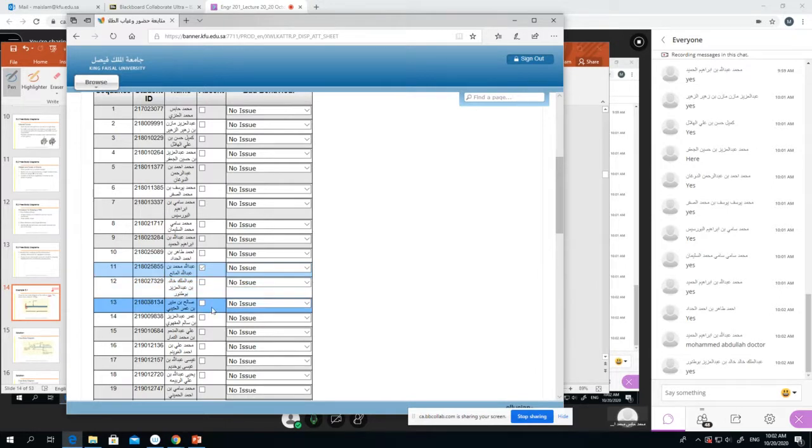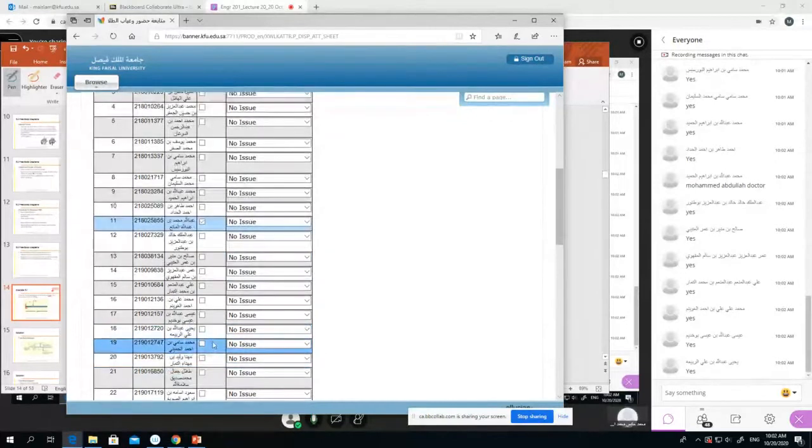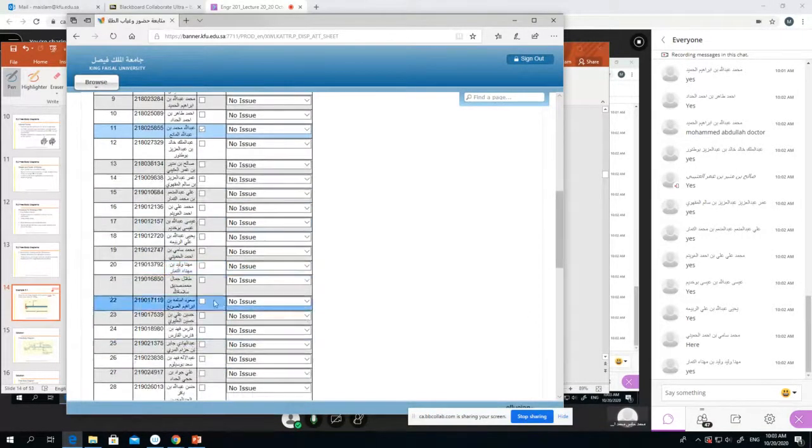Saleh bin Munir, Umar Abdul Aziz, Ali Abdul Munaim, Muhammad Ali bin Ahmad, Isa Abdullah, Yahya Abdullah, Muhammad Sami, Muhanna. Okay, Muhanna is there, right?